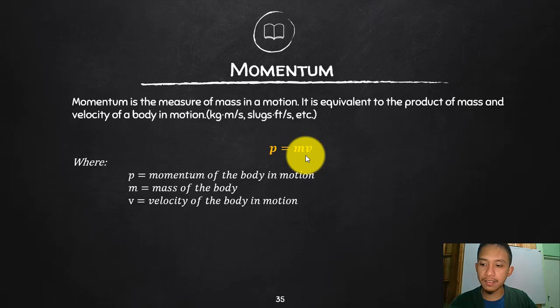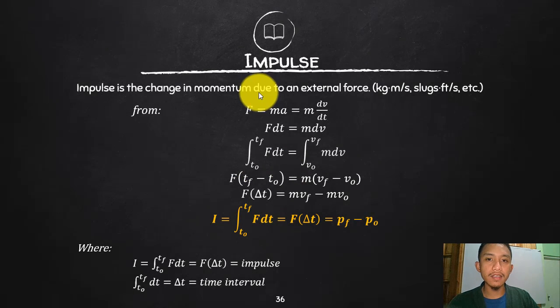But for this discussion, let's make use of the mass times the velocity. Or I'm sorry, a while ago that is force times time, not force divided by time. So as long as you end up with the same unit as this, that is another formula for momentum. And then what is impulse?